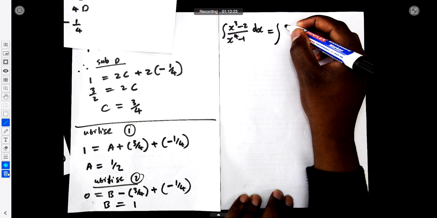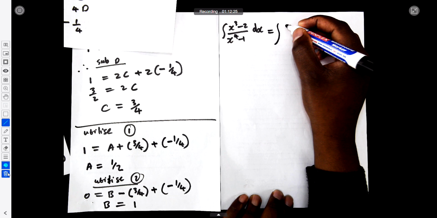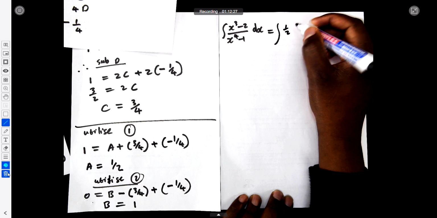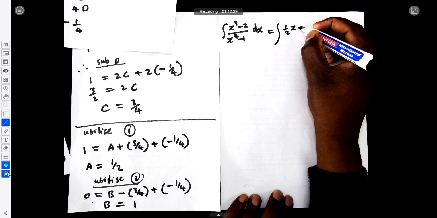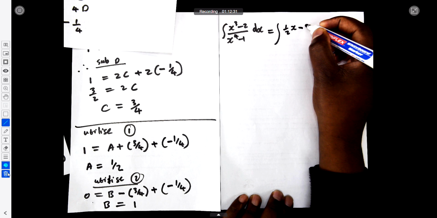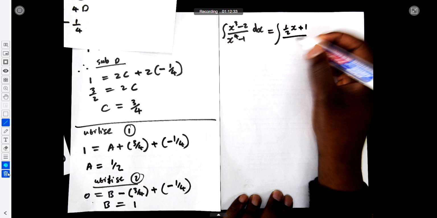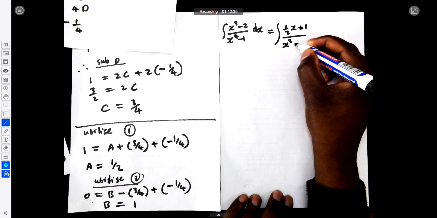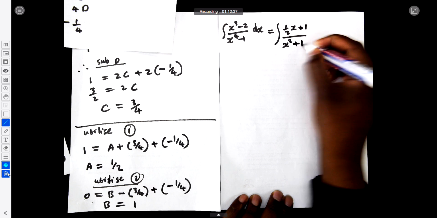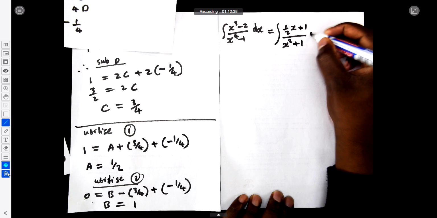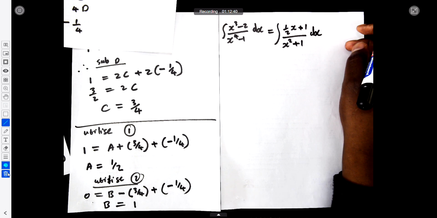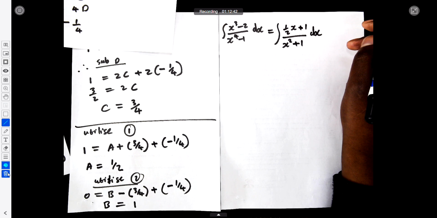We are going to have the integral of (half x plus b) all divided by (x squared plus 1) dx. So we have that.